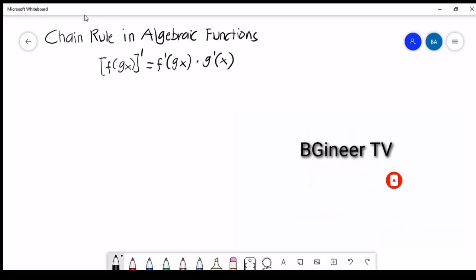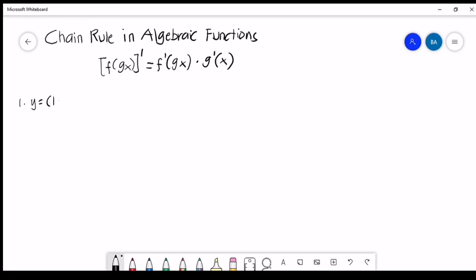So if we have example number one, y is equal to 1 plus 3x raised to 5. So in our example, our y is equal to 1 plus 3x raised to 5.